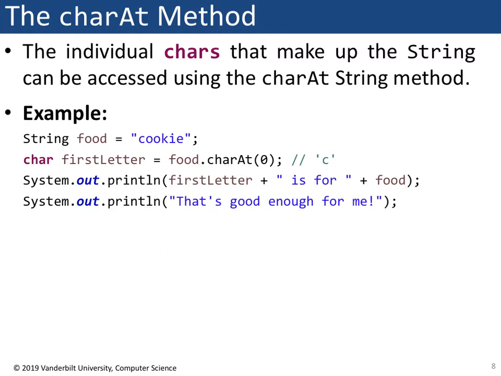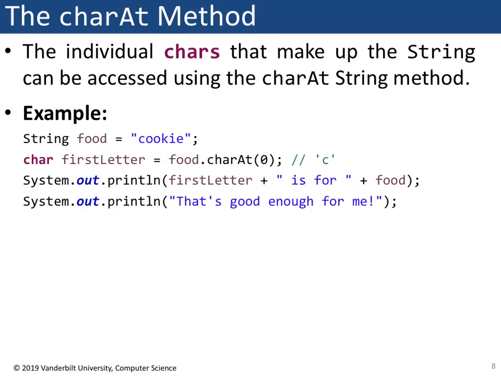So to return the char stored in the first position of this string, we would say food, because that's the variable, food.charAt, and then we give the parameter 0 because we want the character which is in the index 0 position. And remember, we start counting from 0. So 0, 1, 2, 3, 4, 5. So C has the index 0.